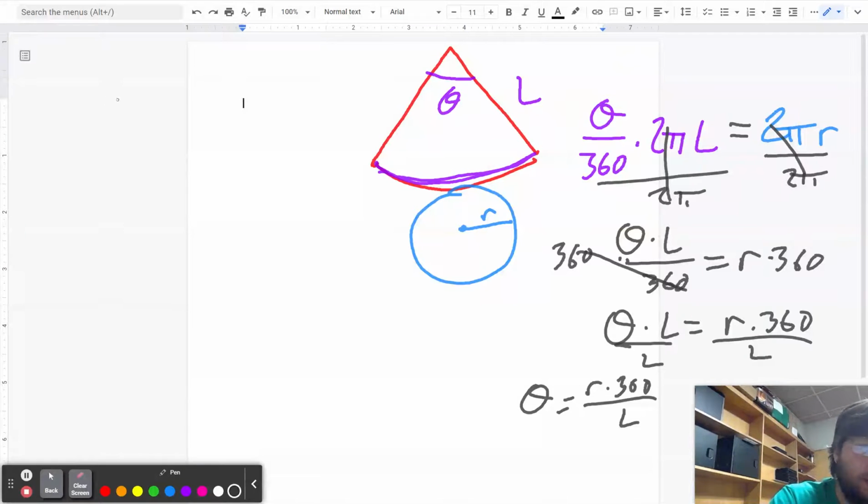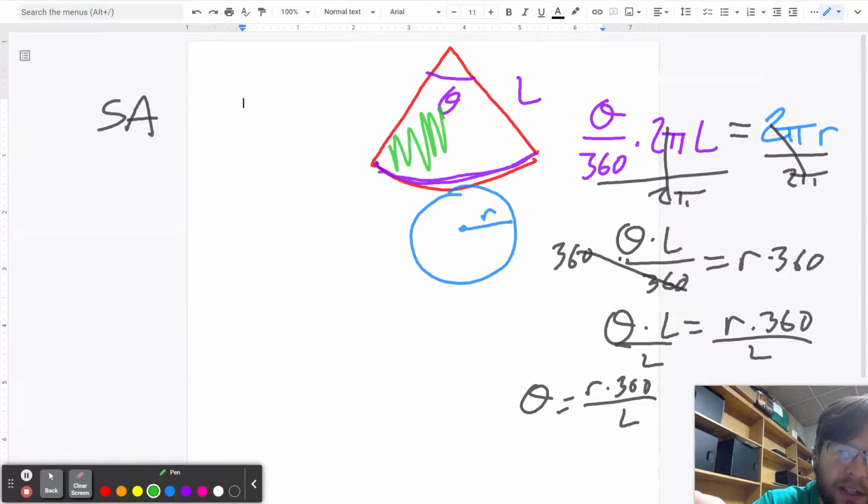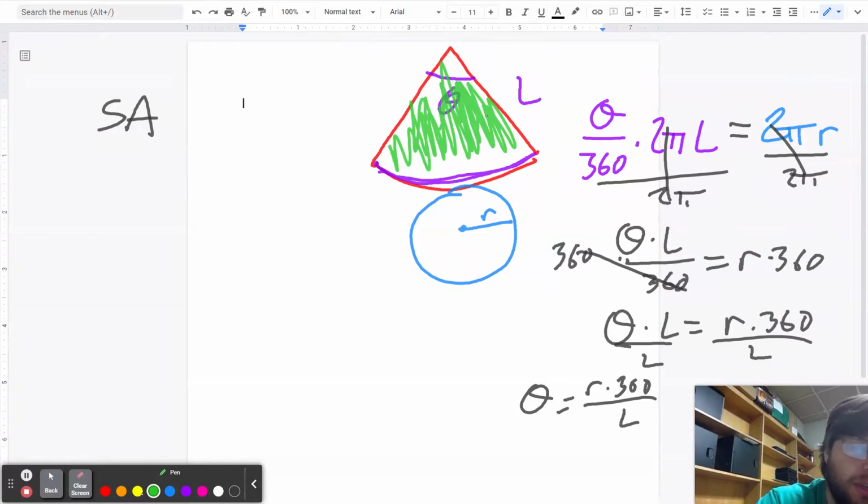So now let's figure out what our total surface area is. The surface area is also split up into two different pieces. You've got this entire area of a sector here, plus this entire area of a circle right there.